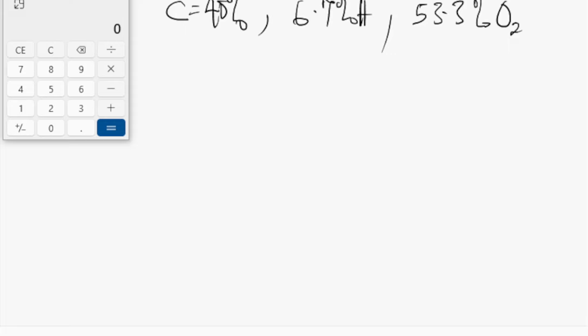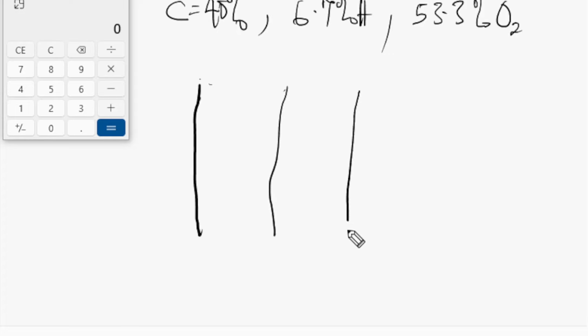Remember that the first thing we need to do is divide the reactant mass by the molar mass for each of these elements. Let's rule some lines here. We're going to call this column carbon, this hydrogen, and this oxygen.